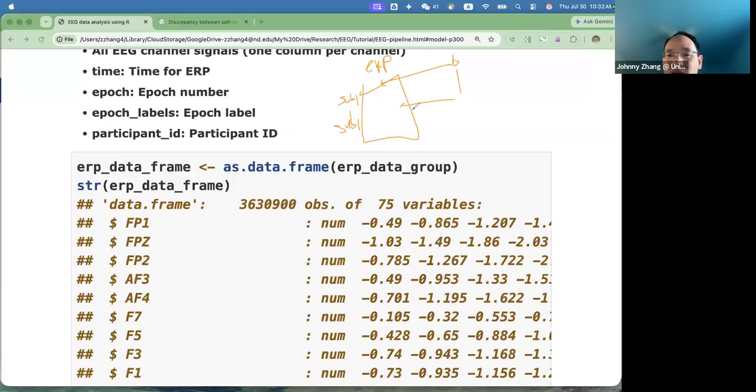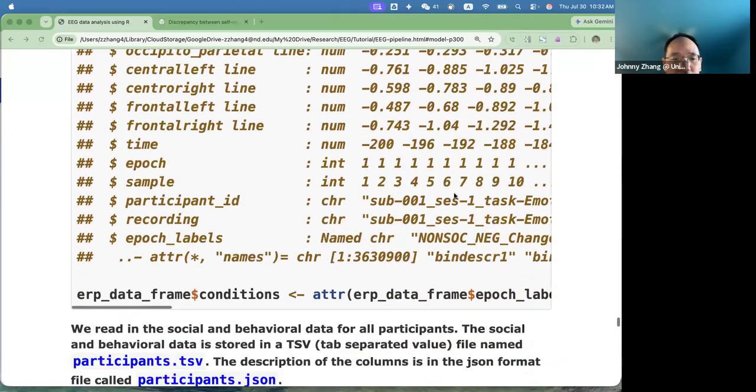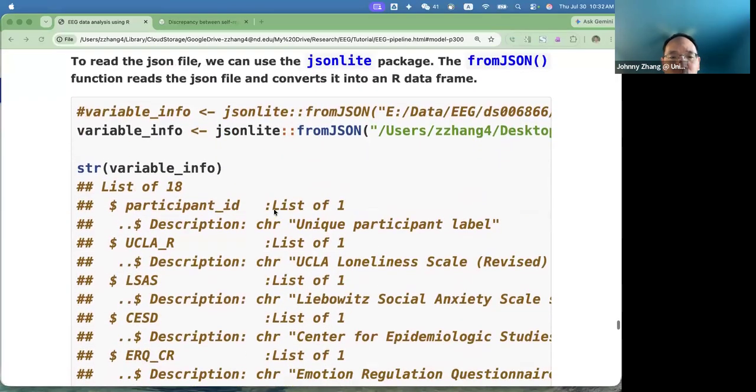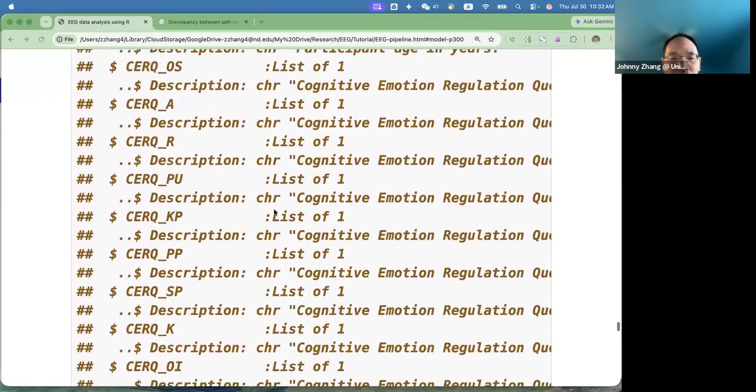For example, this could be age 20, age 20. In this case, I will create a large data set with added columns to represent the behavior data. So that's what I'm going to do. I read in my participants' data information, and so this is the meaning of that.